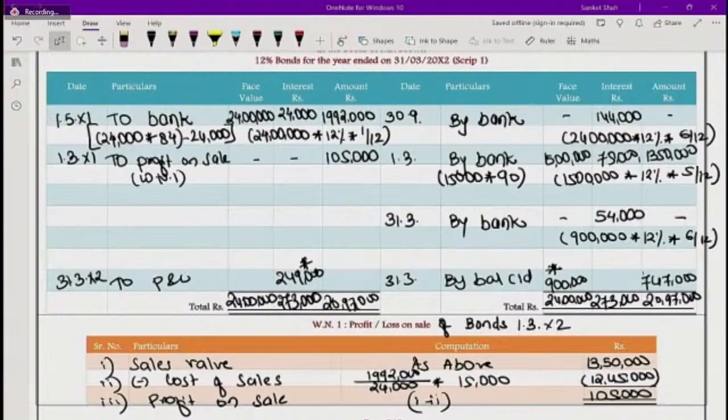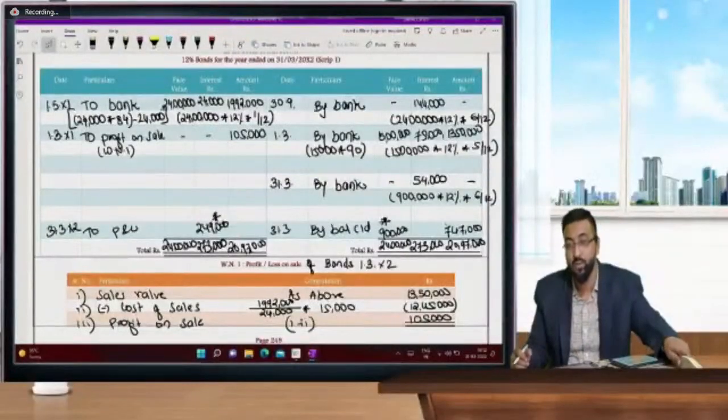Very good, beta. Very good. Those who solved it already, very good. This is like your revision.